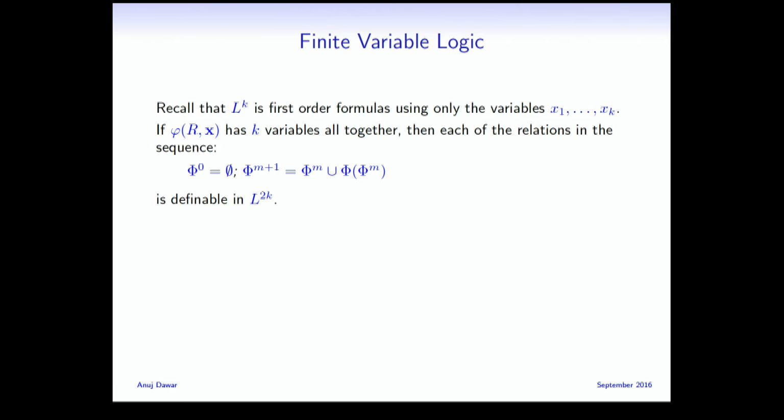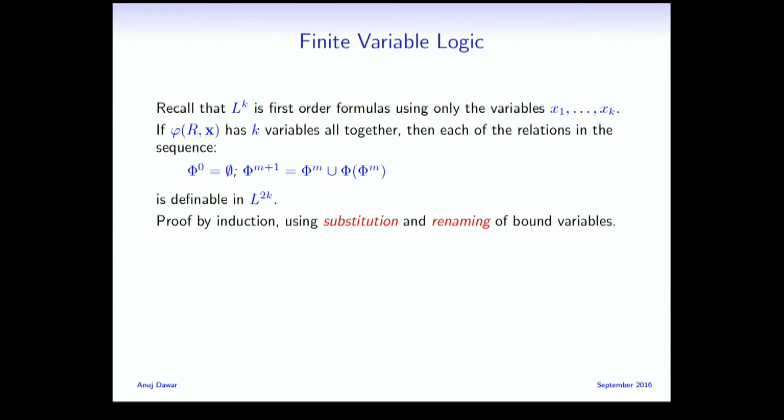Now if you look at the inductive definitions, if you start with a formula which has k variables altogether, then it turns out that each of these, phi 0, phi 1, phi 2, as a relation, is definable by a first order formula with 2k variables, in L2k, which will define phi m on all structures. And the proof is an argument by induction on the structure of the formula.